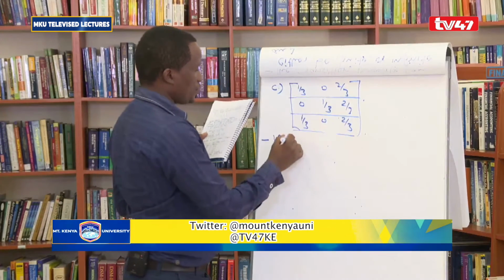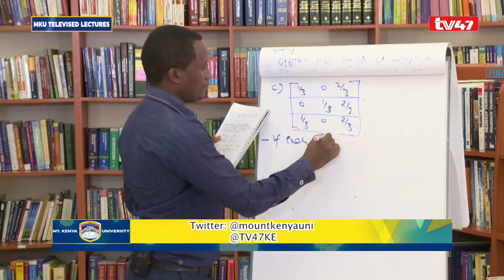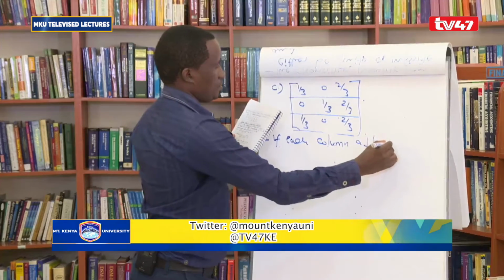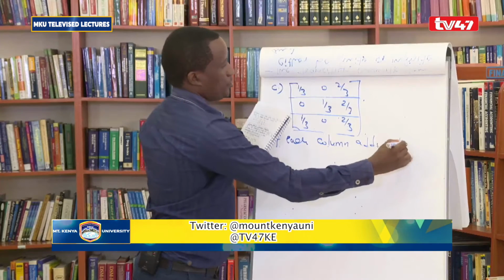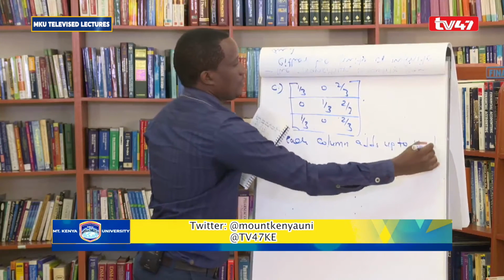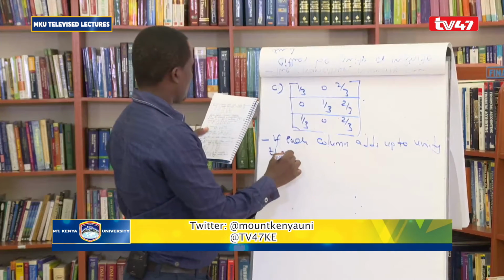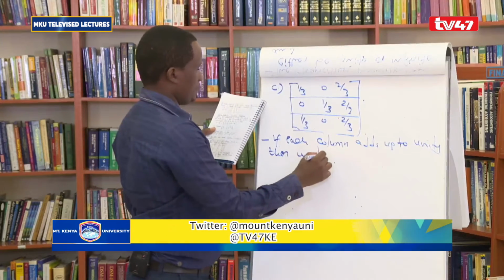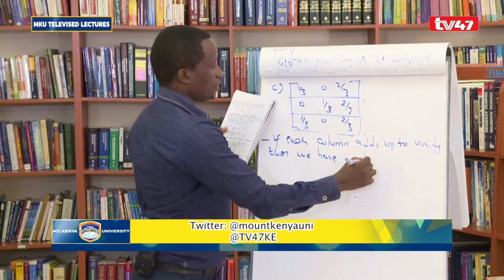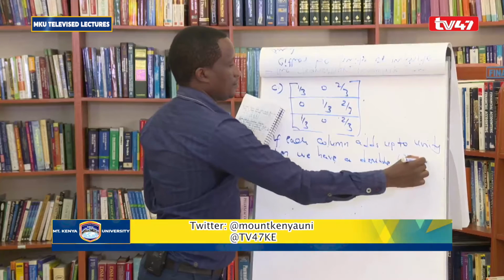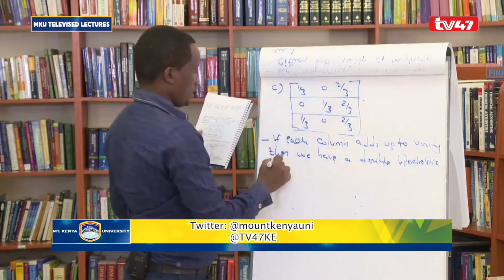So if each column adds up to unity, that is 1, then we have a double stochastic matrix.